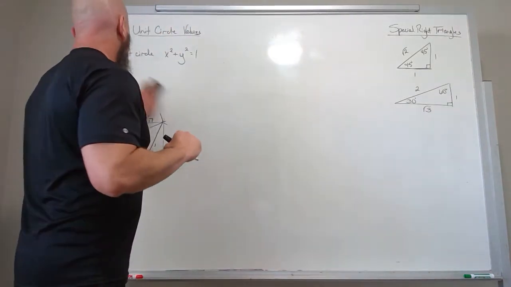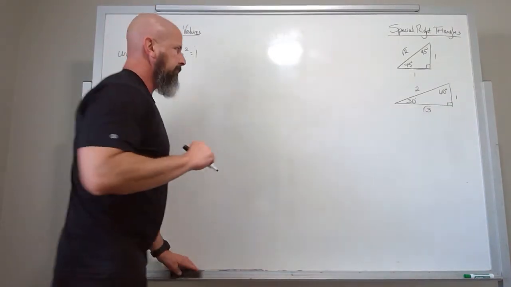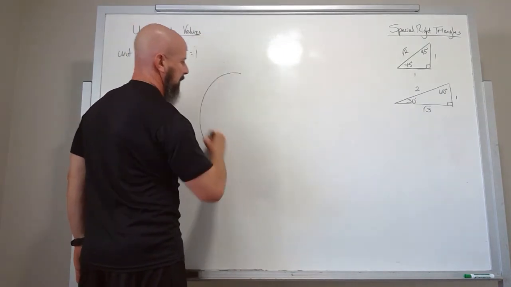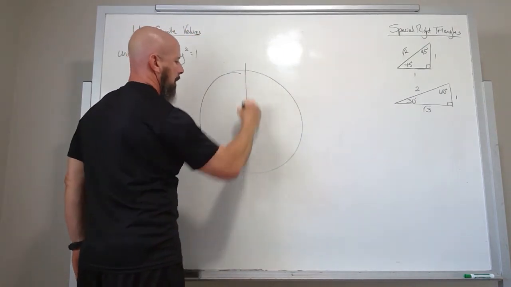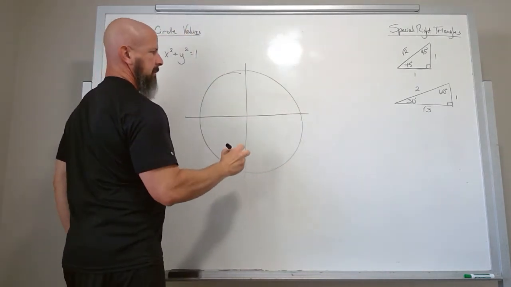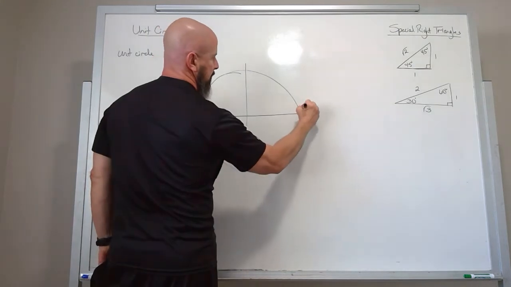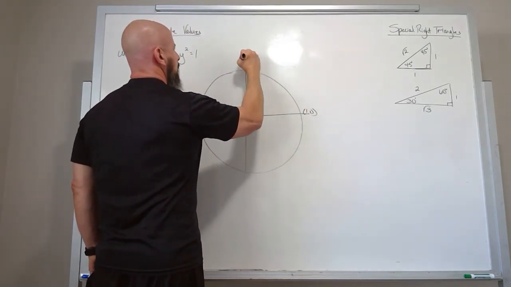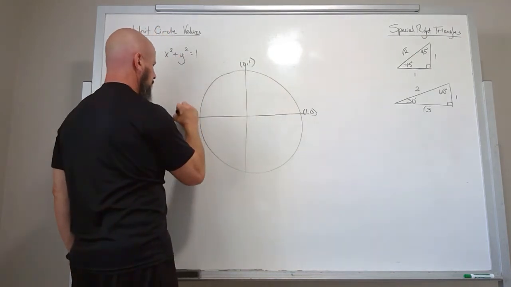Okay. Now, that being said, I'm just going to draw one a little bit bigger here so I can work with. Again, won't be the best looking circle, but we get the idea. Okay. So this point would be 1, 0. This point would be 0, 1.